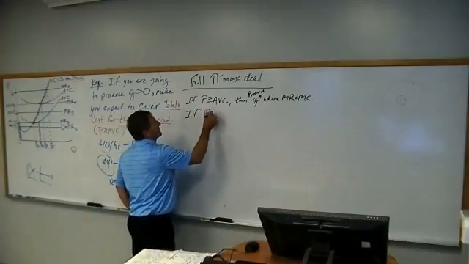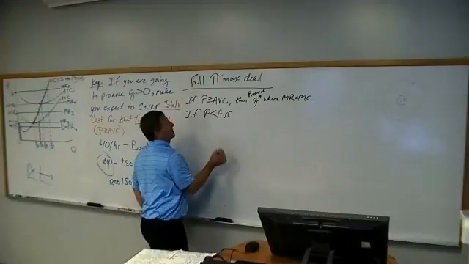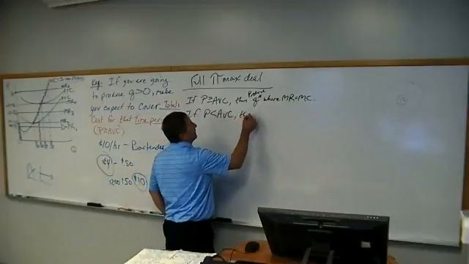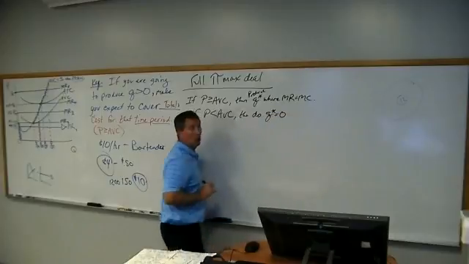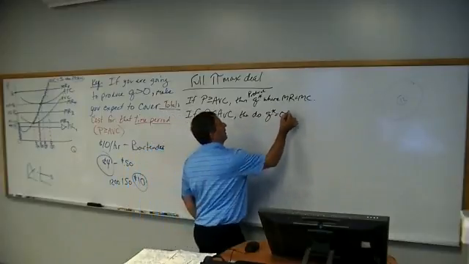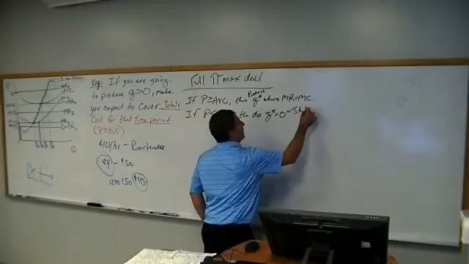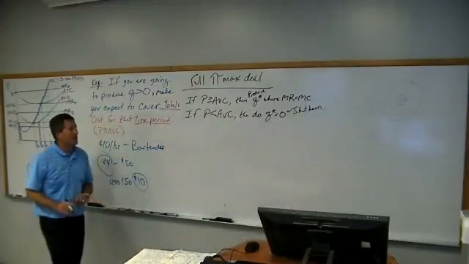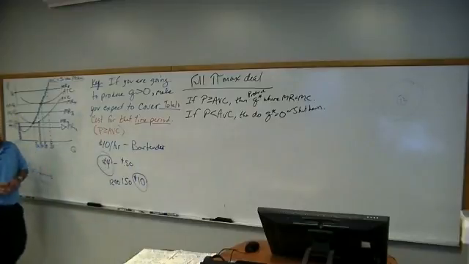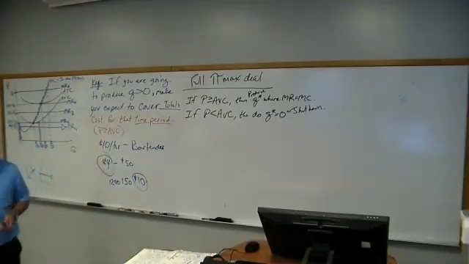If price is less than average variable cost, then Q star equals zero, which we call shutdown. You're going to shut down and just absorb your fixed cost at that point, because the fixed cost you've got to pay no matter what.